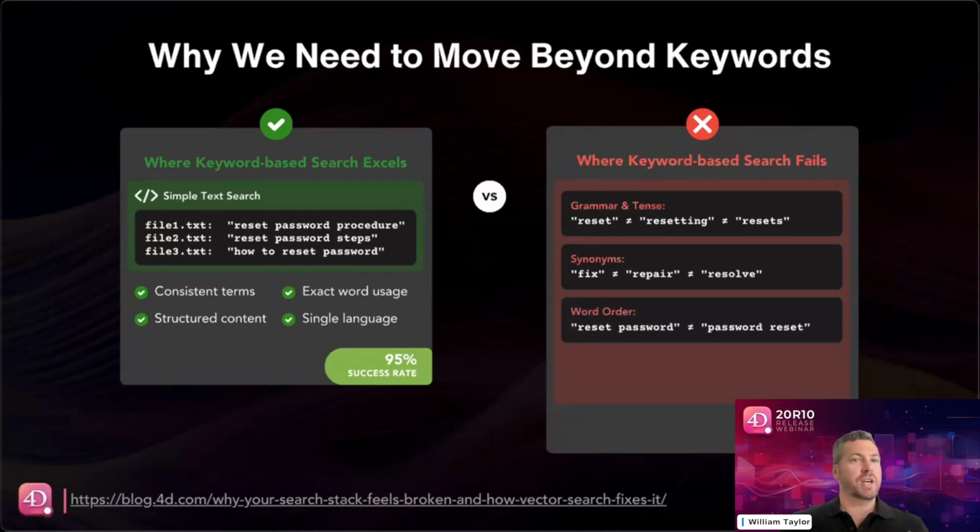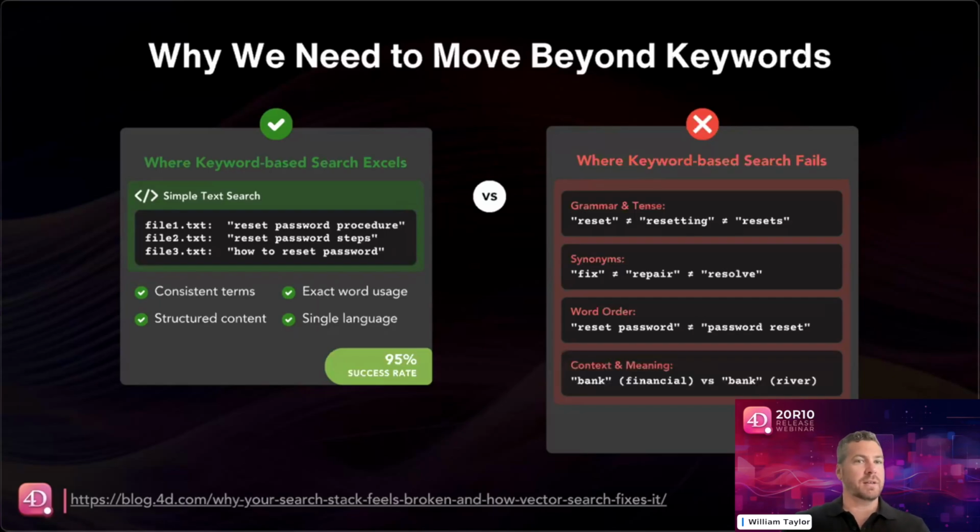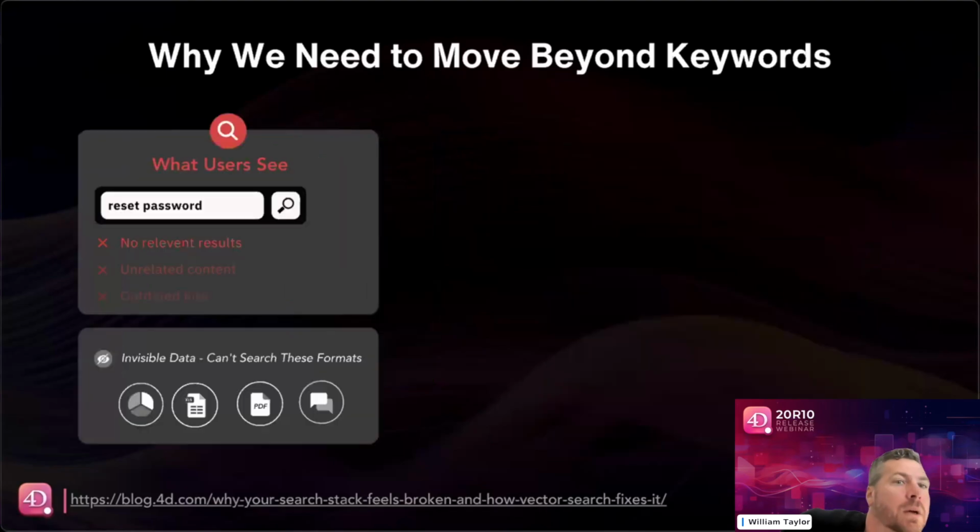And even small changes, like typing password reset instead of reset password, you may not be able to find what you're looking for in your data file. And context. Keyword search can't tell the difference between, let's say, a riverbank or a financial bank. So there's a gap. It sees words, but not meaning. It sees patterns, words, letters, but not meaning or context.